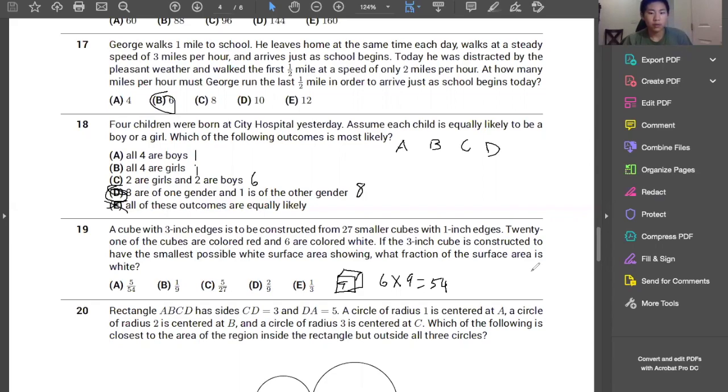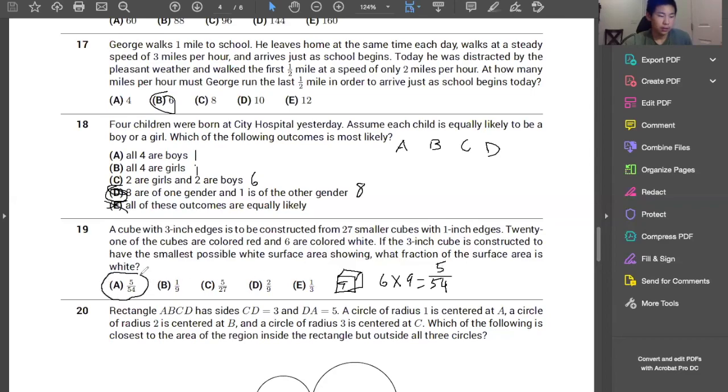So one face of that white cube would be showing, but the other 5 would be hidden. So basically we have 5 faces with a white cube in the center, and that's going to be 5 square inches of white. So that's going to be 5 over 54.